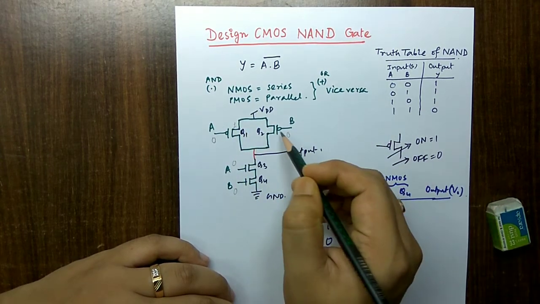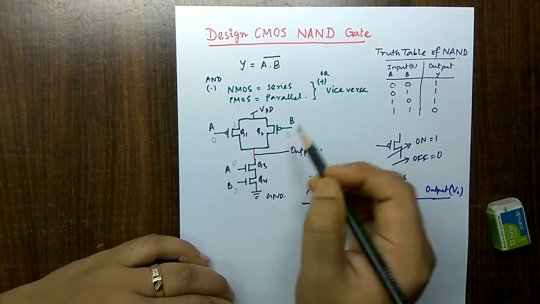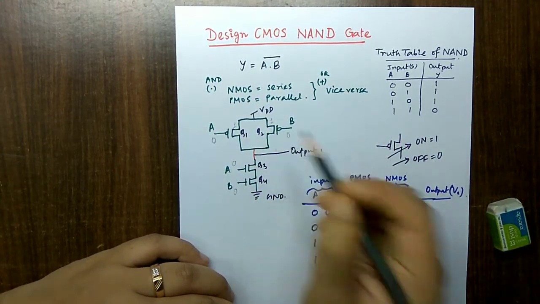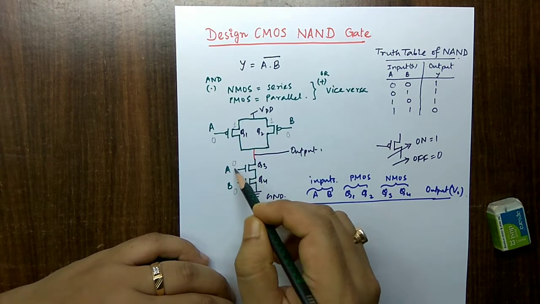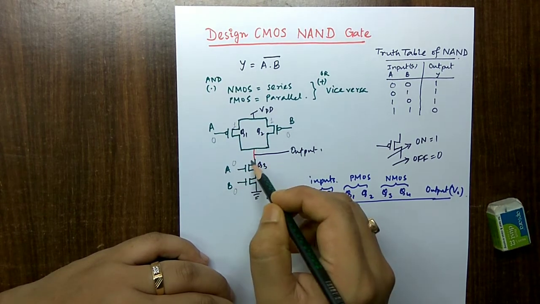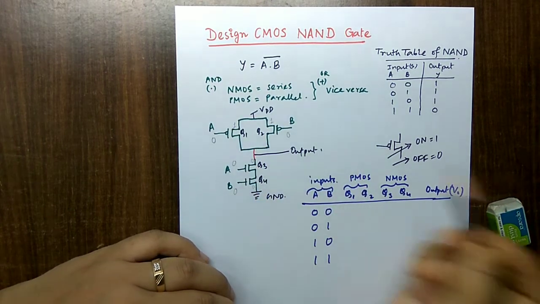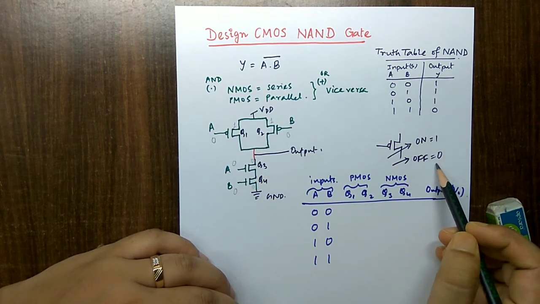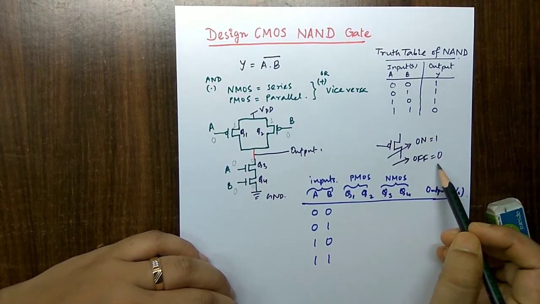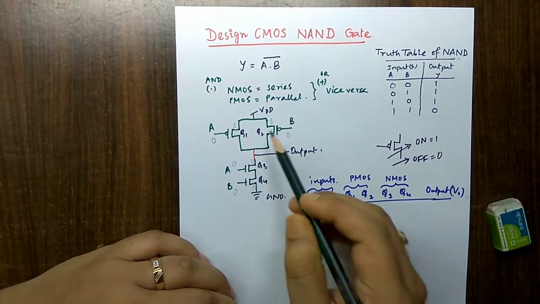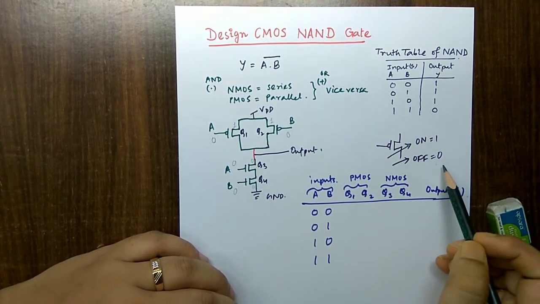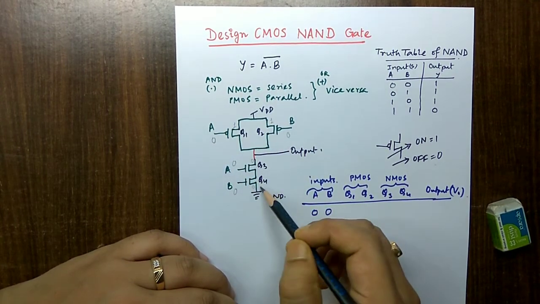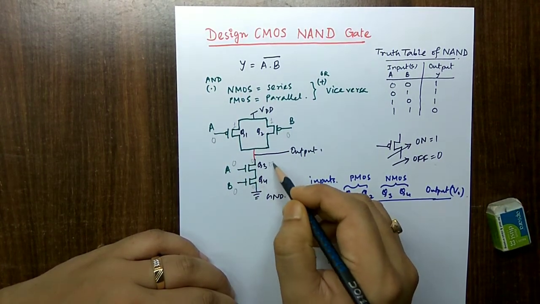And due to this bubble, this 0 will also convert to 1, right? Here the bubble is not there, so it will pass the logic 0 as it is, and here also it is 0. What I have told is that if it is 0, that means it is off, and if it is 1, that means it is on. So since it is 0, the Q3 and Q4 both are off.